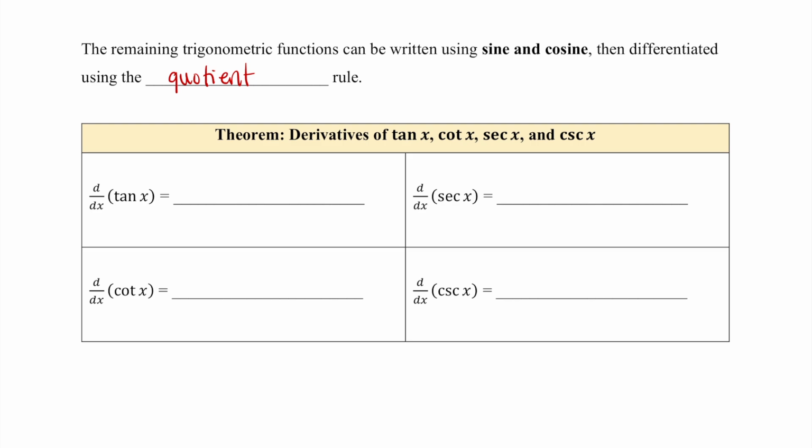Now let's summarize the derivatives of the remaining trig functions. The derivative of tangent x is secant squared x. The derivative of secant x is secant x times tangent x. The derivative of cotangent x is negative cosecant squared x.